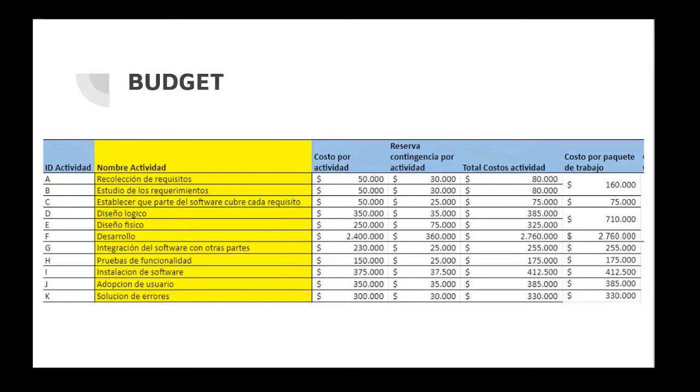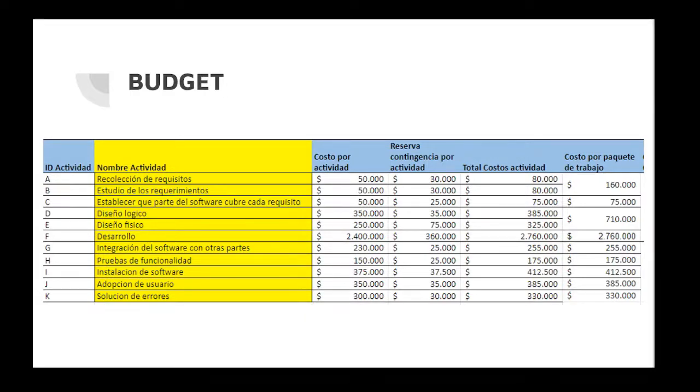Logical design, with a cost of 350,000 and a reserve of 35,000, and the total cost of 385,000 pesos.